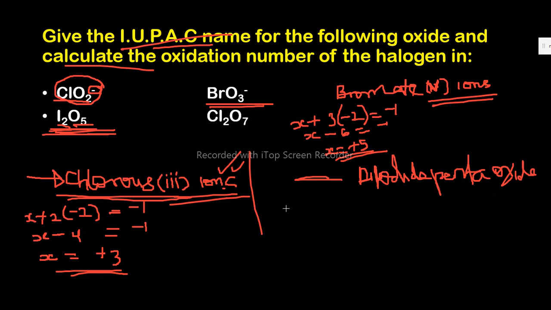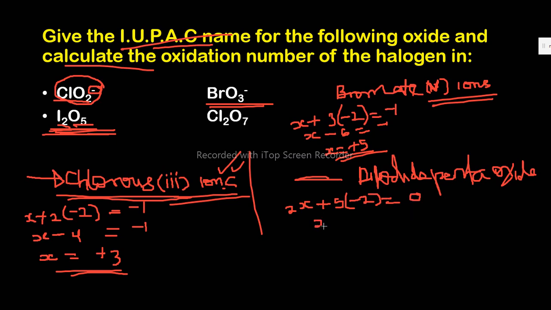And what is the oxidation state? It is 2x, because we shall assume the oxidation state of iodine to be x, but we have 2. Then plus 5 into the oxidation state of oxygen. And the whole of this should be equal to the overall charge, and the overall charge in this case is 0.